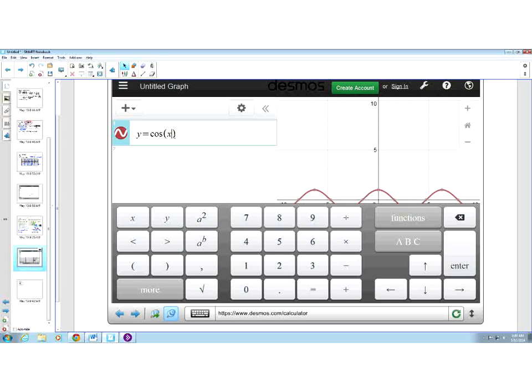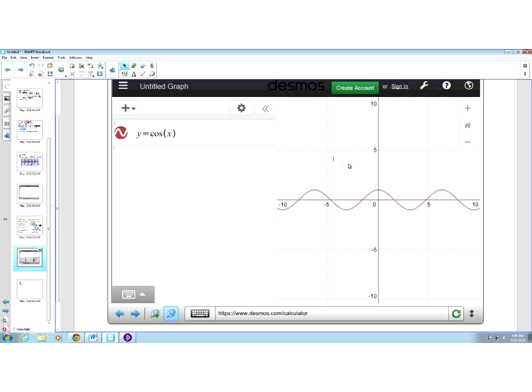Okay, so maybe I have to keep it in rectangular coordinates. Okay. All right, so idiosyncrasy of the calculator.